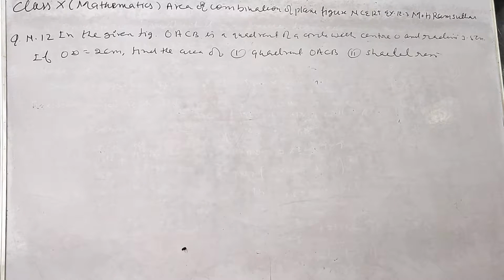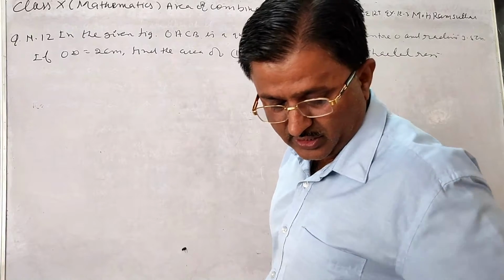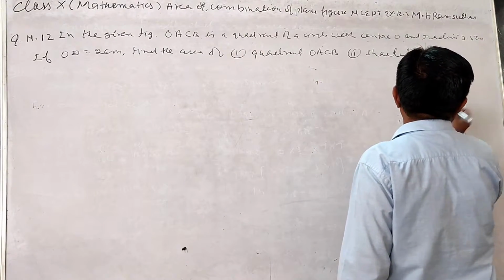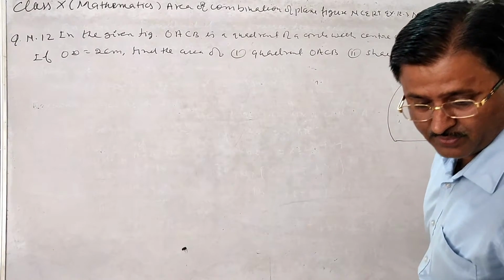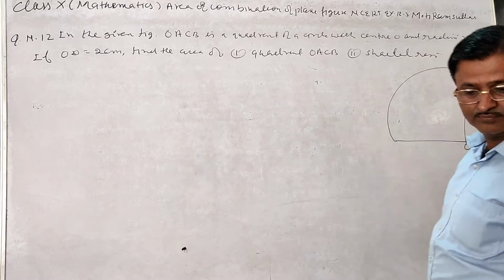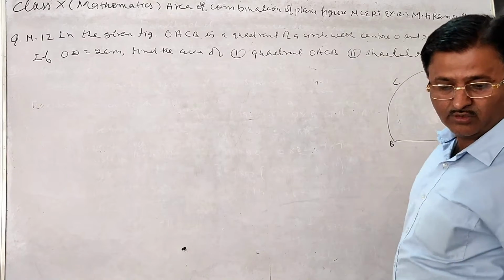So next question, see, dear student, there it says in the given figure OACB is a quadrant of a circle with center O. So we are given a quadrant of a circle. This is with the center O, OACB. This is the quadrant of a circle.